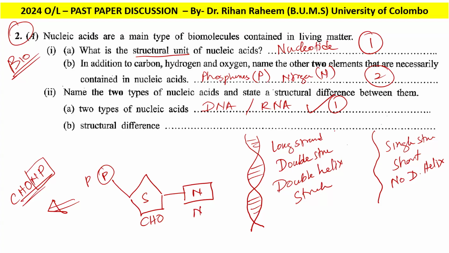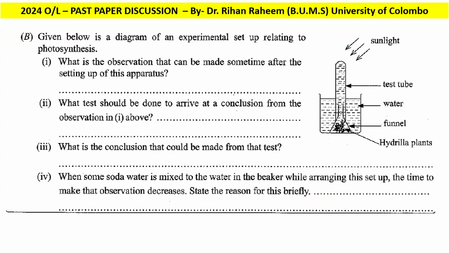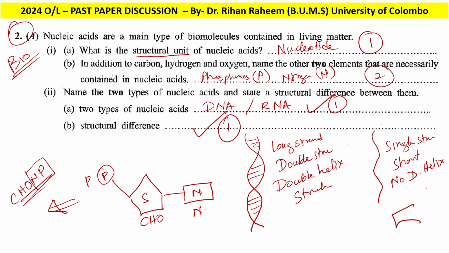Like that only you have to write, not just present in DNA. This is present in DNA, but that is absent in RNA. Again, you have to write it. So for that, you will get 1 mark. Yes. So for that A part, totally 5 marks.